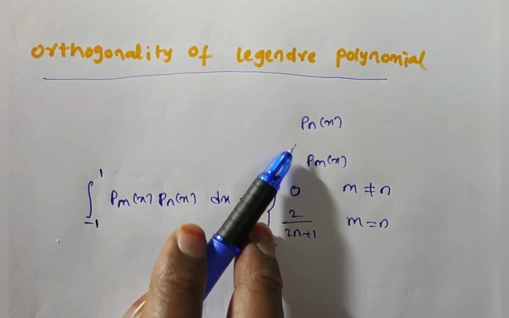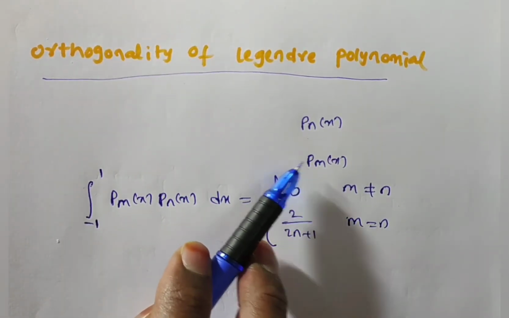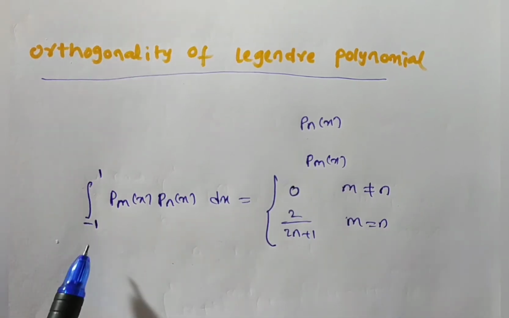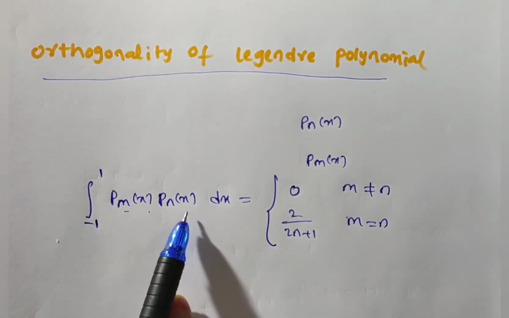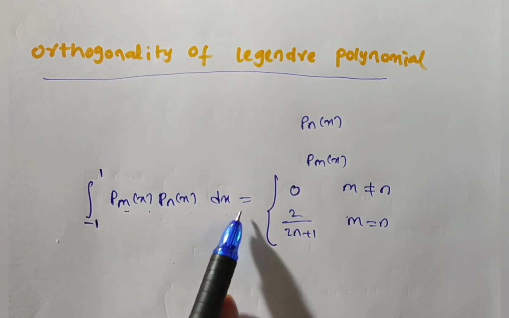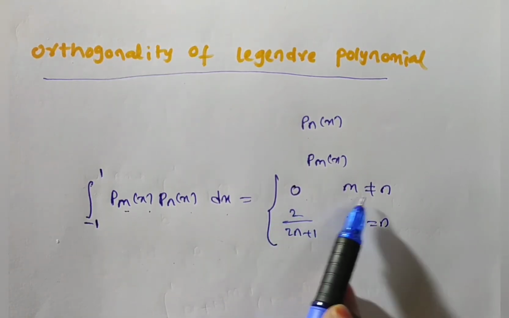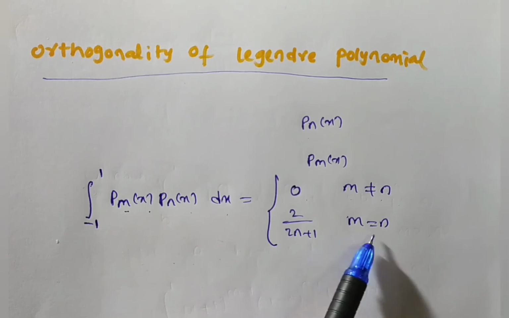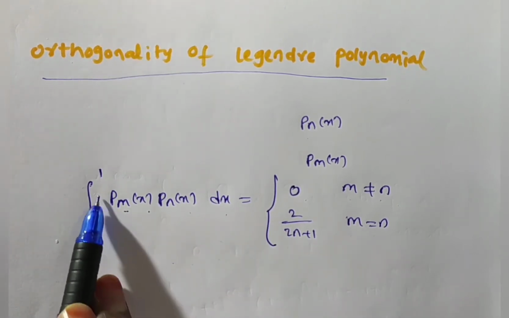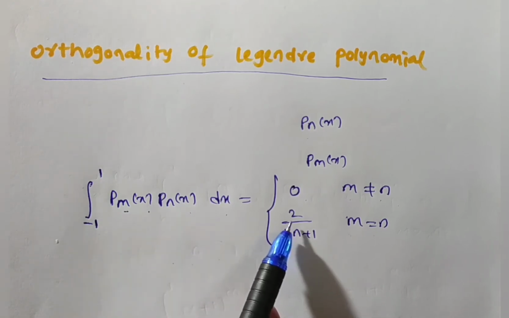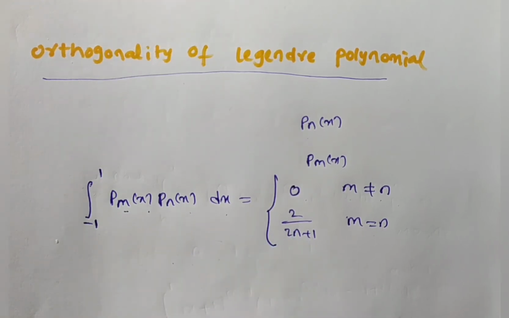If Pn of x and Pm of x are two Legendre polynomials, then the integral from minus 1 to 1 of Pm of x into Pn of x dx is equal to 0 for m not equal to n. And when both m and n are equal, the integral of the product will be 2 by 2n plus 1. This is the statement of the orthogonality of Legendre polynomials.